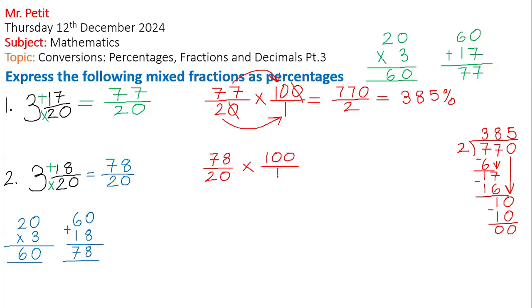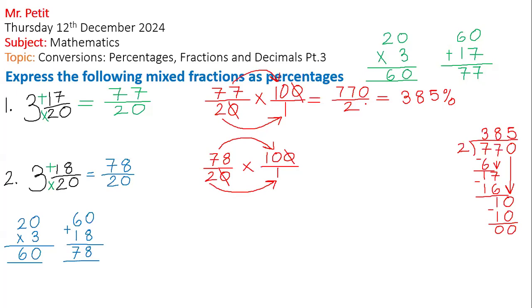What we're gonna do now? Cross multiply. Cancel out the 0 with that 0. Then we're gonna say 78 multiplied by 10, and then 2 multiplied by what? 1, okay?